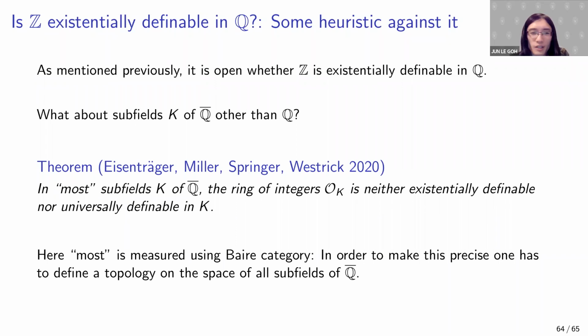A meager set is, as the name suggests, like a small set, whereas a co-meager set is like a large set. What they showed is that for co-meager many subfields, you have this property. I think it's an interesting angle on this kind of problem.